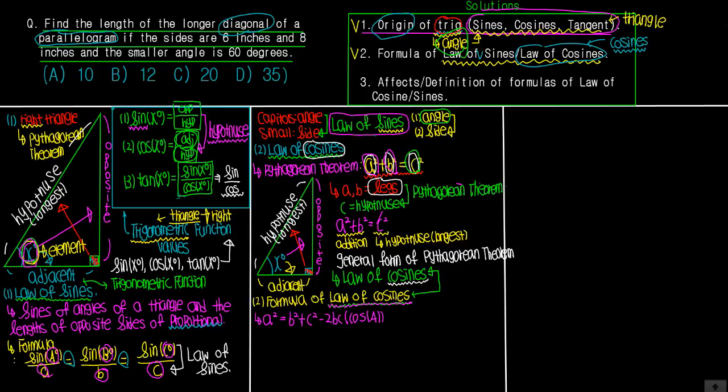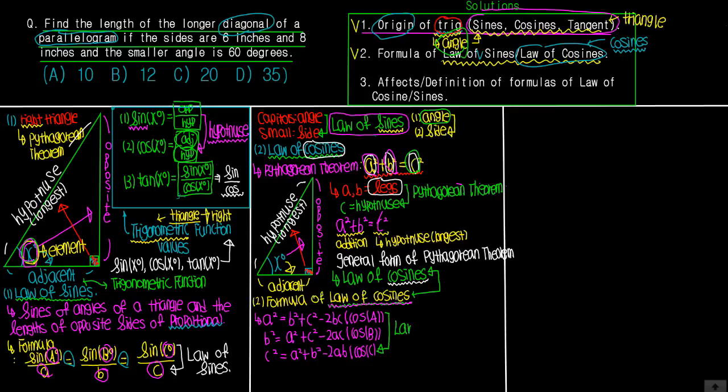When we are trying to solve for b squared, b squared is equal to a squared plus c squared minus 2ac times cosine of our B value. And if you're trying to solve for c, c squared is equal to a squared plus b squared minus 2ab times cosine of our C value. These are exactly the same thing, and we call this the law of cosines.